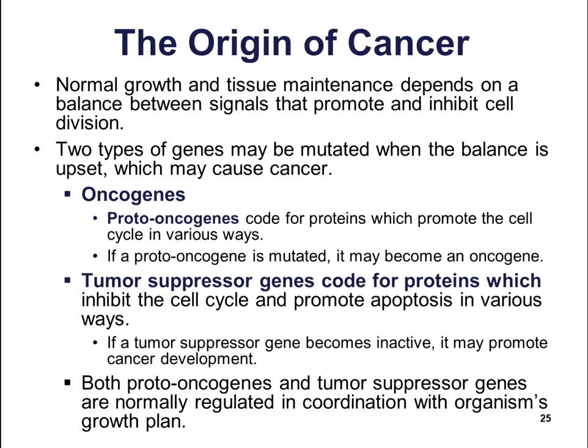If a tumor suppressor gene becomes inactive, it may promote cancer development. Both proto-oncogenes and tumor suppressor genes are normally regulated in coordination with the organism's growth plan. But obviously, if one or both of these is not being regulated, we can see cancer occur.